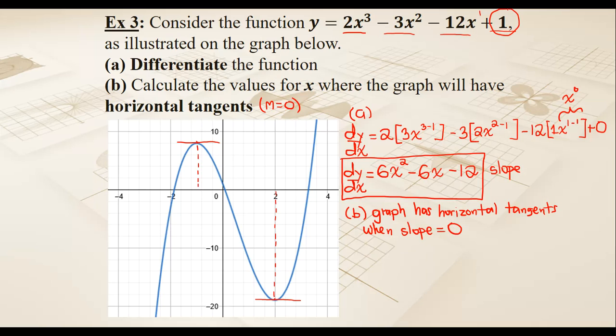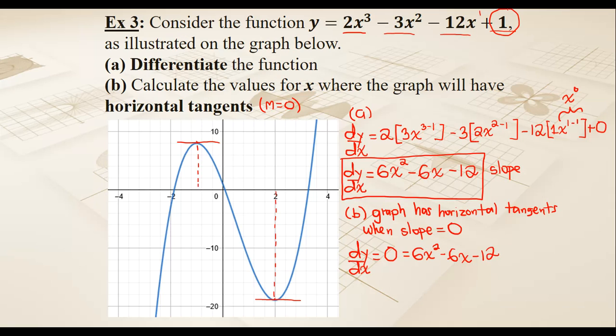If your slope is 0, then that means that dy/dx, the derivative of y with respect to x, would be 0. So what I'm going to do is take this equation and replace dy/dx with 0, because I'm saying, let's figure out the values of x when your slope is 0. dy/dx is 0, your slope is 0. And then we have to solve for x. So 0 is equal to 6x squared minus 6x minus 12.